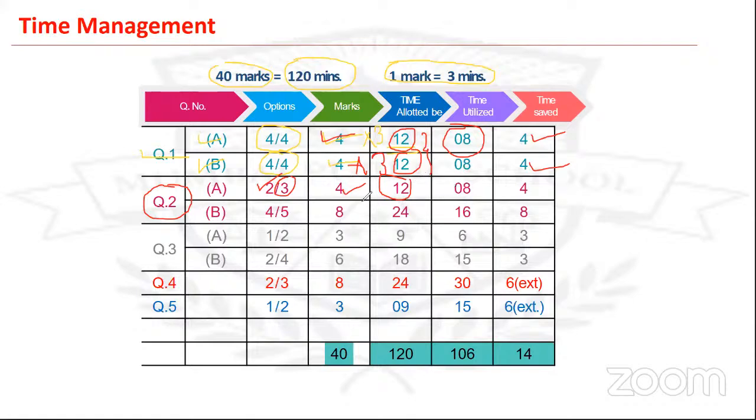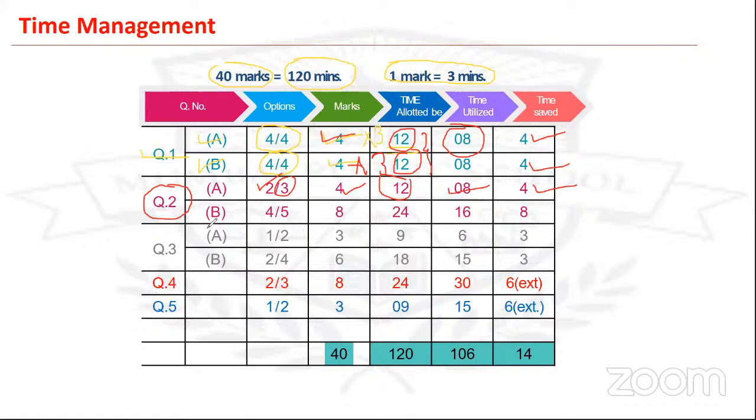Now here also, these are actually two-step solutions. So you don't require actually 12 minutes to solve this. Here also you're going to utilize only 8 minutes. Here you're going to save 4 minutes.